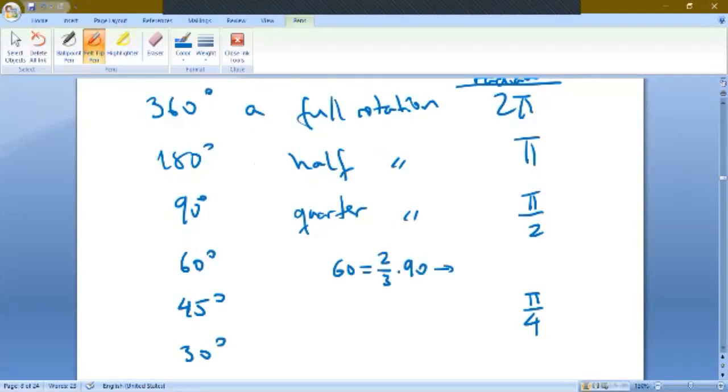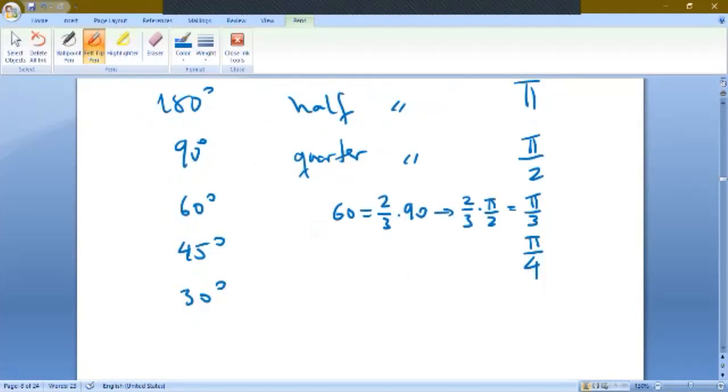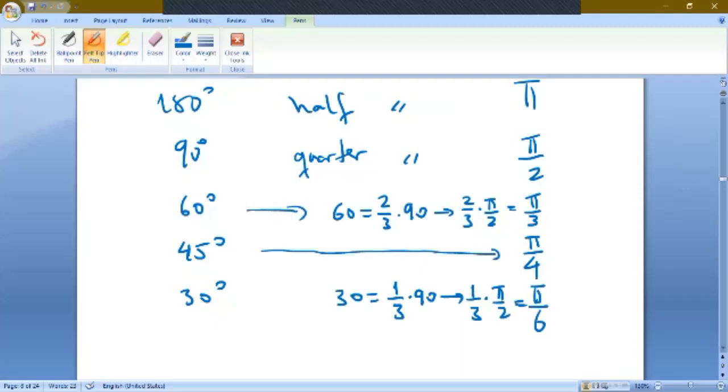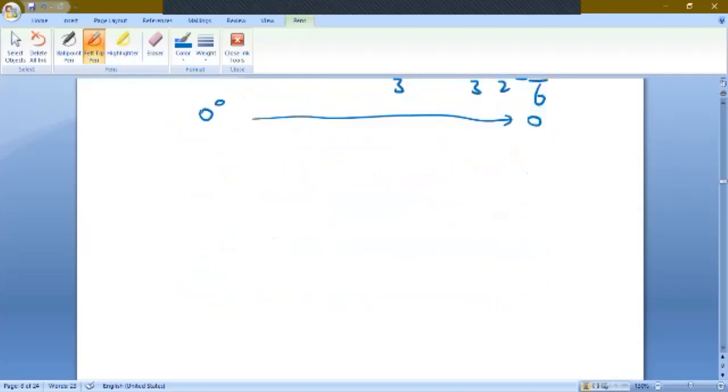So multiply 2/3 by pi over 2, that's going to give pi over 3 radians. And 30 is 1/3 of 90 degrees, so 1/3 of pi over 2, which is pi over 6. So you can also obtain these angles. Of course, 0 degrees is simply 0 radians. So we should be used to these things.